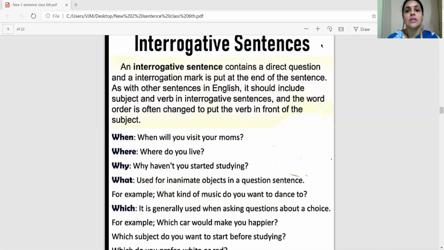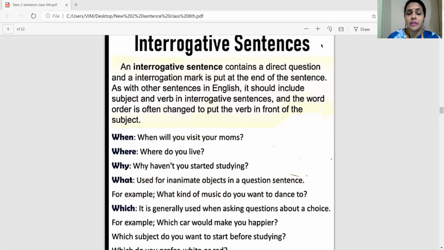We want more information about something, and that is why we are asking questions. So these interrogative sentences are also called asking sentences, right? Because we are asking something, we want to gather information.